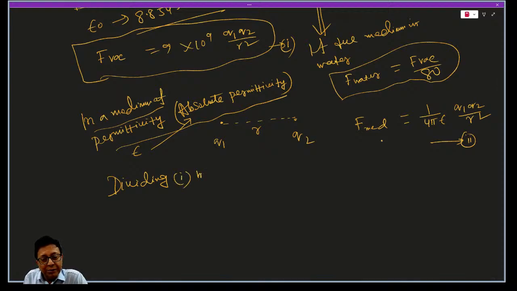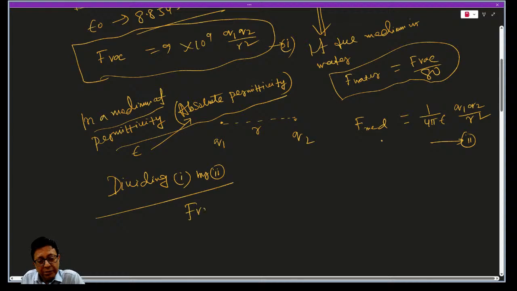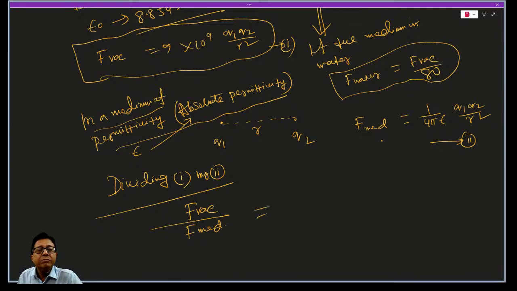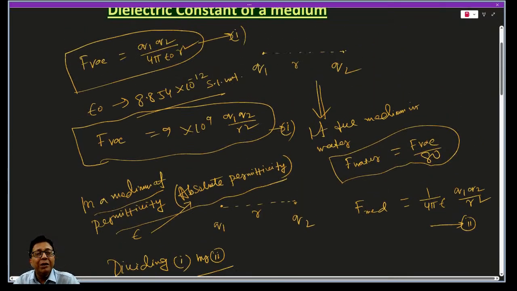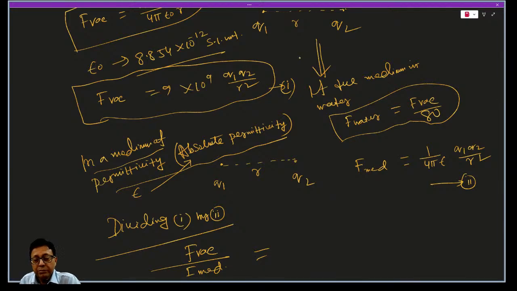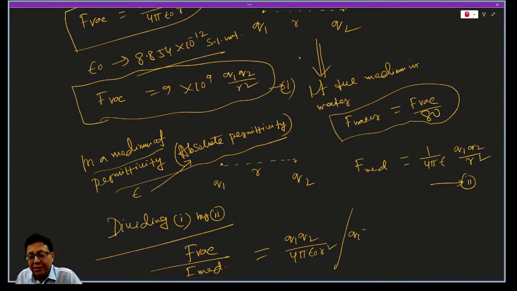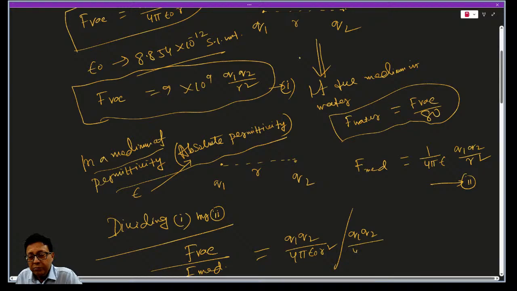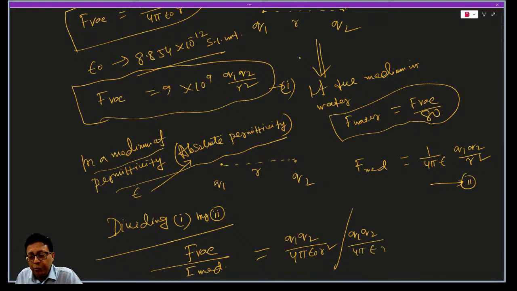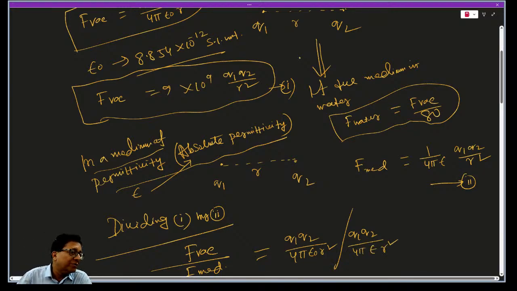Dividing 1 by 2, we get F vacuum by F medium, which is Q1 Q2 by 4 pi epsilon 0 R square divided by Q1 Q2 by 4 pi epsilon R square.